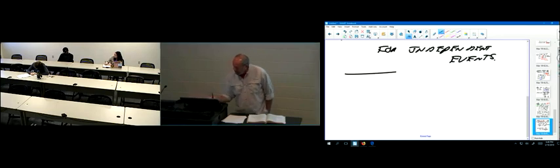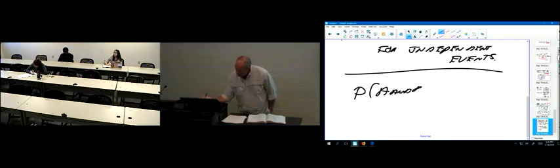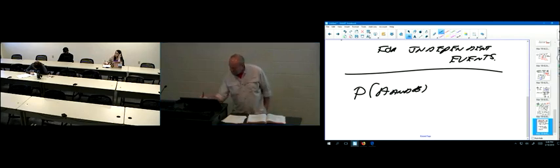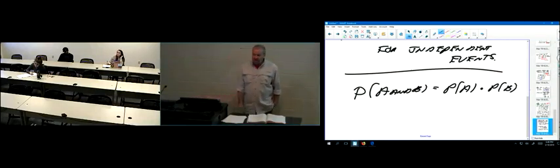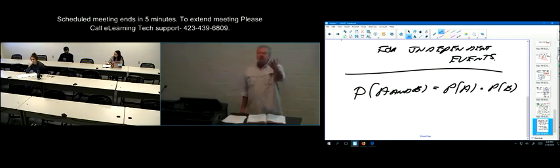And what we're interested in is the probability of A and B. A occurs and then B occurs. My big dot there is multiplication, right? So if they're independent and you want the probability of A and then B, it's the probability of A times the probability of B. In other words, if I'm going to flip a coin twice, what's the probability I get heads and then heads? It's a half times a half, right? Because they're independent.